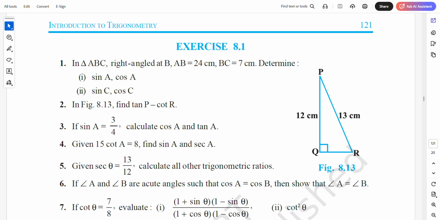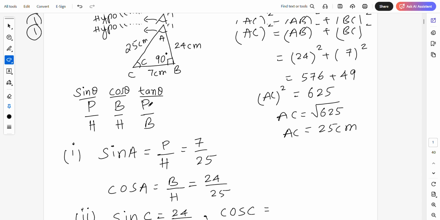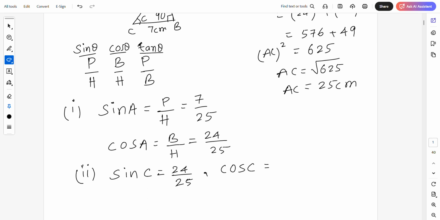Now cos of C you are supposed to calculate. Cos of C is equal to, again, base by hypotenuse. Base is 7, so cos of C is 7 by 25, the right answer. Hope you have understood this one.